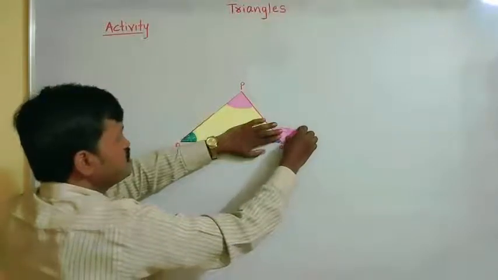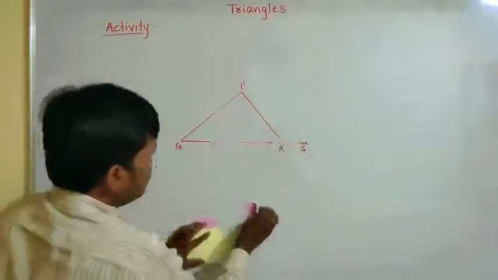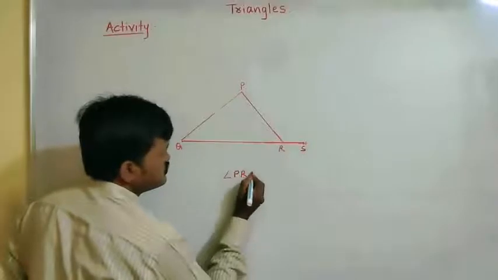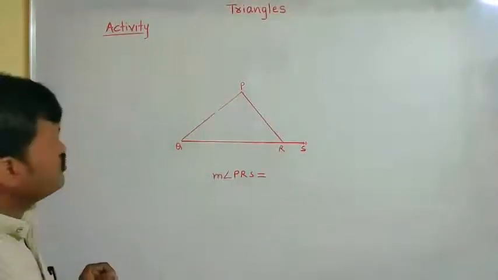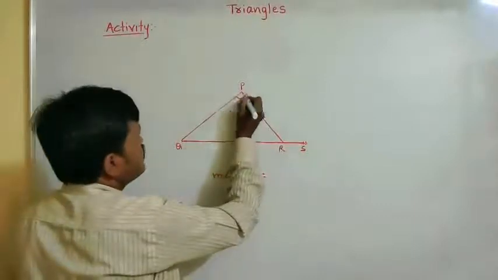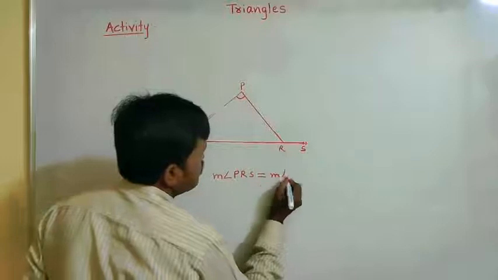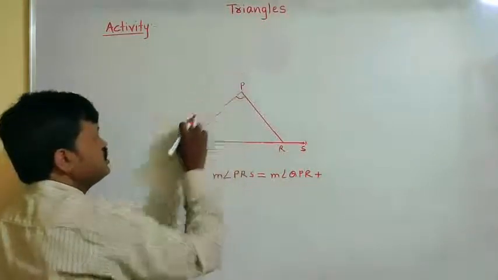Now we see this property theoretically, as a theorem. Measure of angle PRS is equal to angle QPR plus measure of angle PQR.